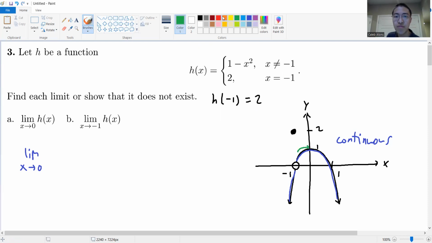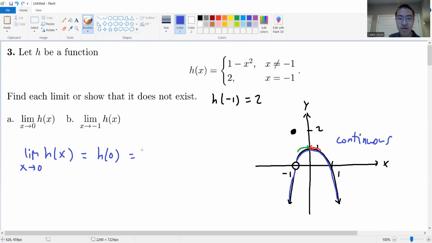If we approach it from the right, we also approach the same value. We're approaching what the function value should be, h of 0. Oops, I made a mistake here. It should be the limit as x approaches 0 of h of x is equal to h of 0. The reason for this is because it's continuous.